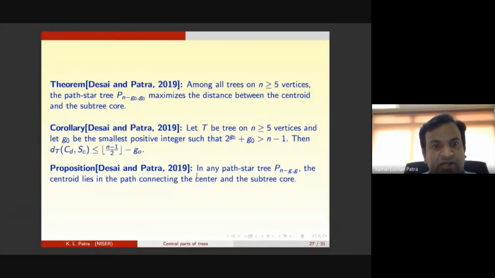Still there is one problem left, which is maximizing the distance between subtree core and characteristic set, where studying the movement of both is a little trickier.